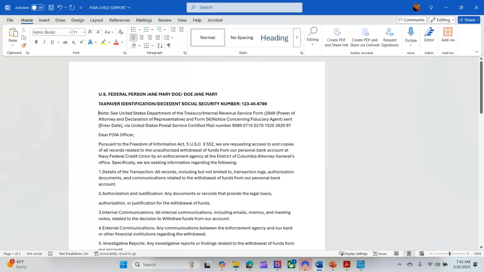Okay. And so what you're doing is you're trying to identify that the Attorney General's office is in reality holding two accounts in your name, okay? So they're holding one account that you can see, okay? And then they're holding one account that's considered off ledger that you can't see.